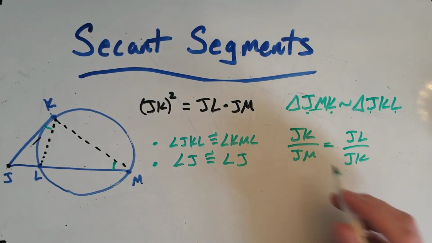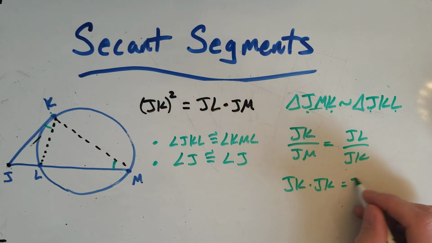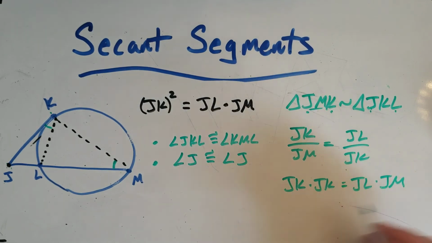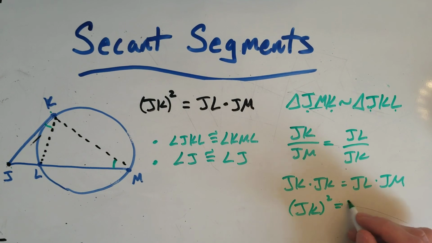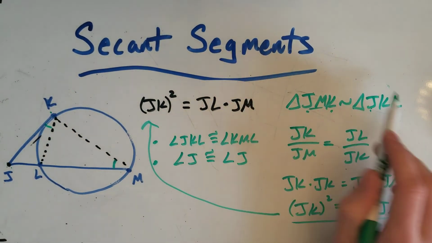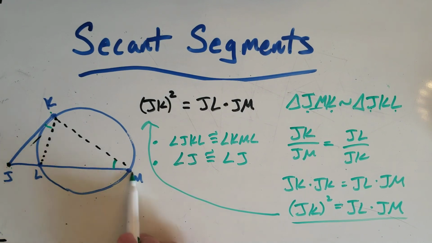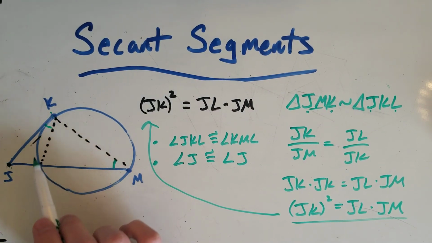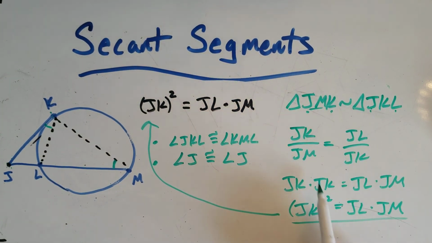And then you can simply take cross products. JK times JK equals JL times JM. JK times itself, well, that's JK squared. So this relationship right here, well, that's what we were trying to show. So simply by having two similar triangles, a little tougher to see here, your triangles JMK and JKL, since those triangles are similar to one another, you can make this little relationship and get to our final conclusion.